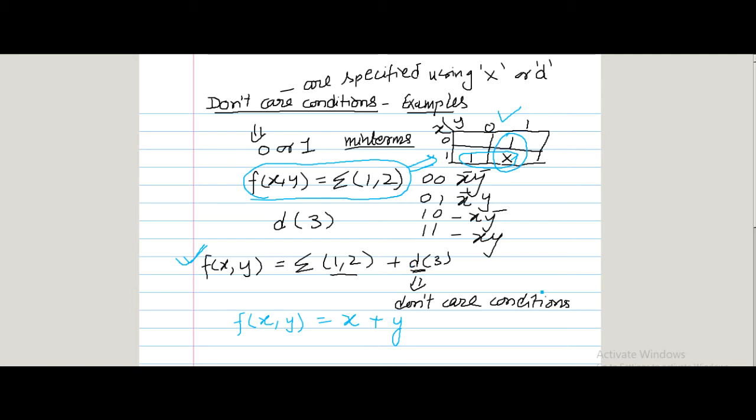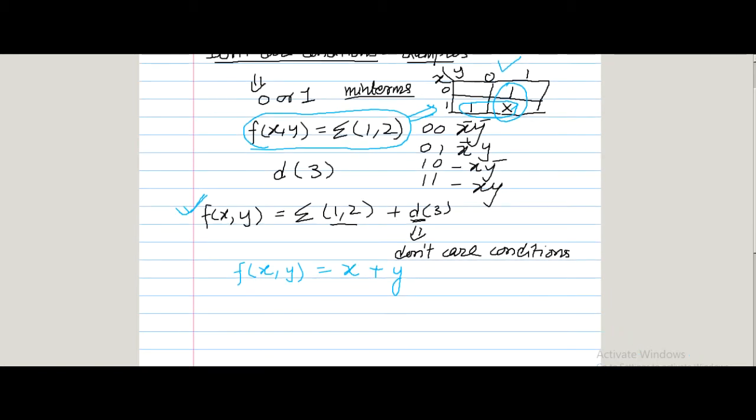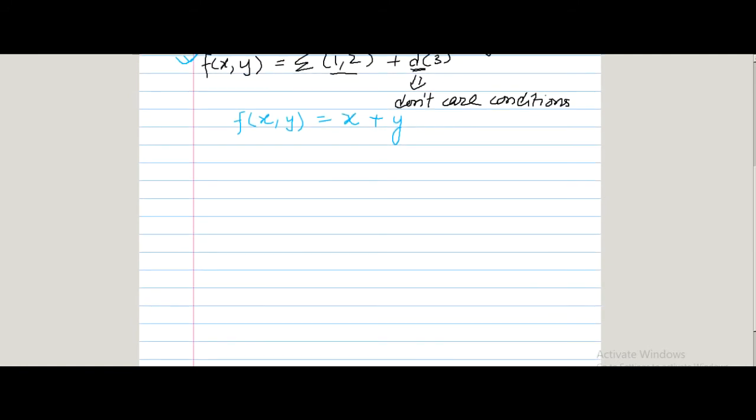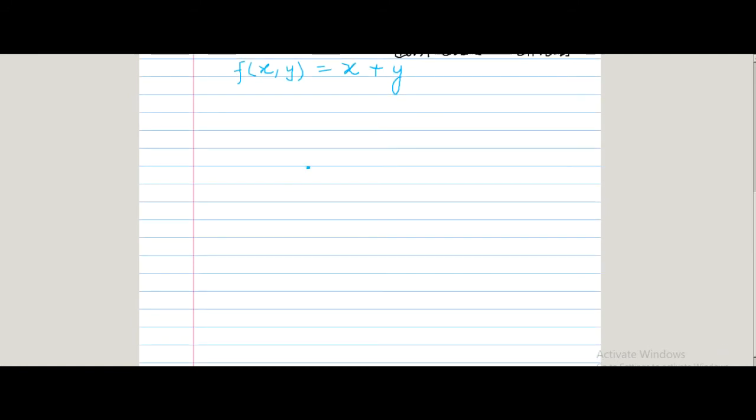So let's take another example. The question is f of a comma b comma c equals sum of minterms 0, 2, 6.